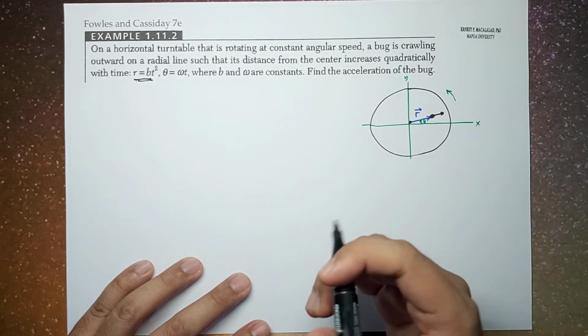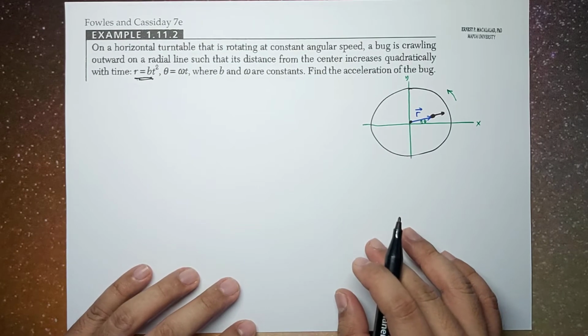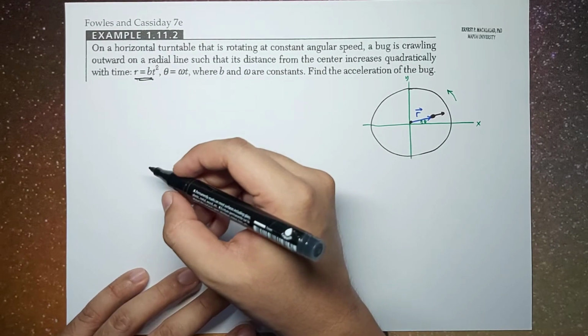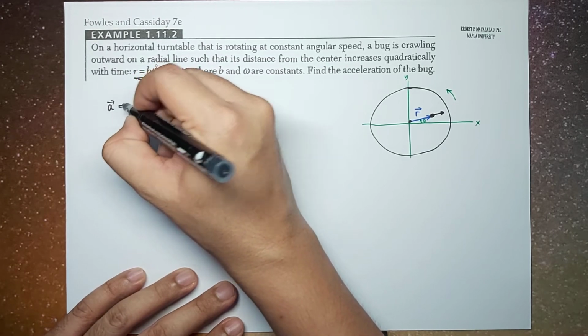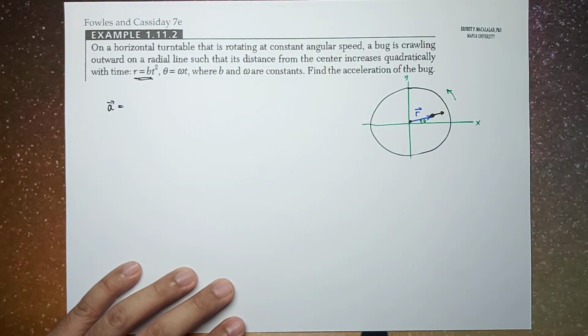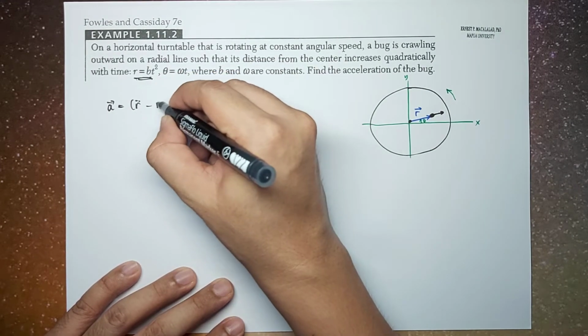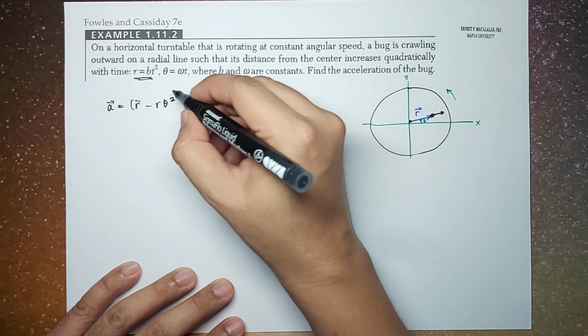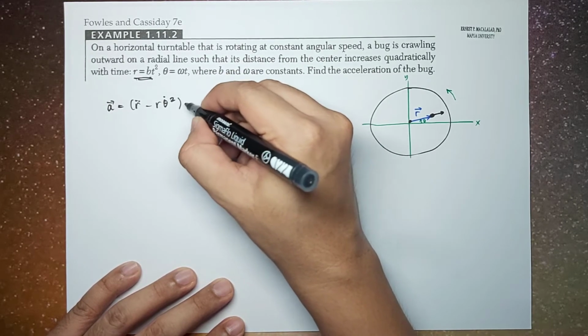Now, we already know in the polar coordinate system that the acceleration of the bug is given by a equals (r double dot minus r theta dot squared) r hat.